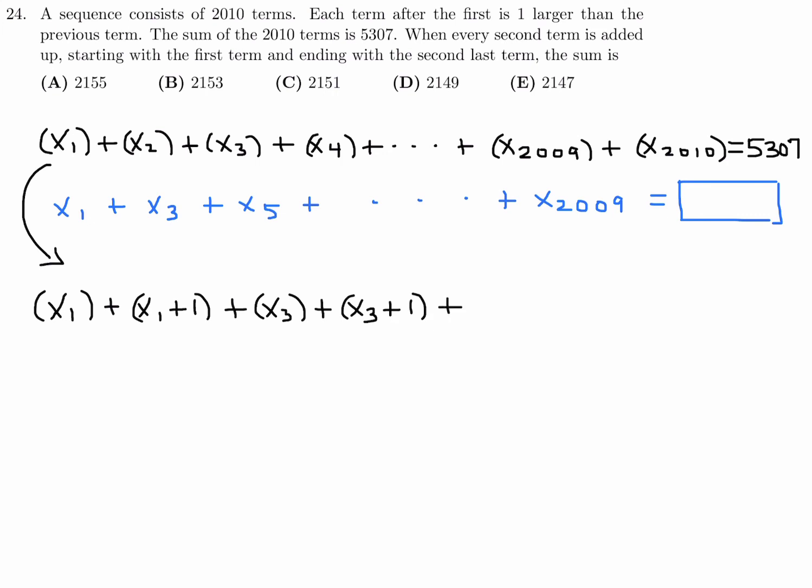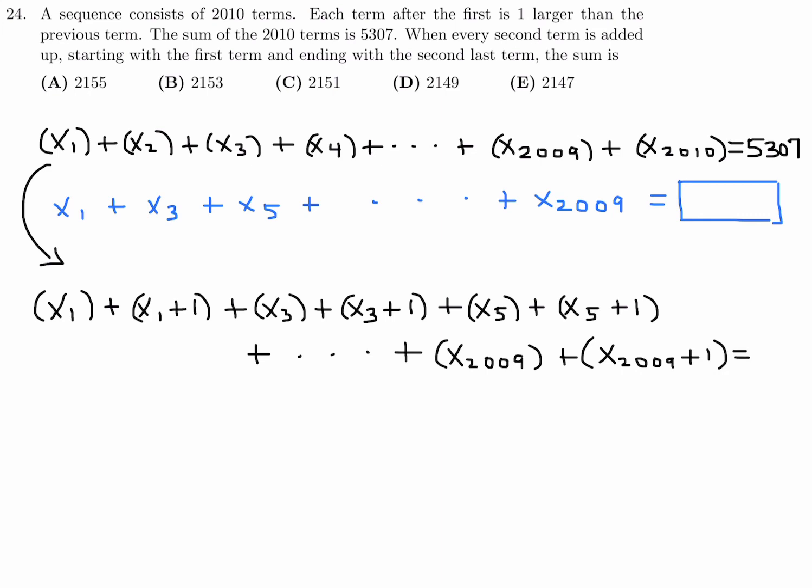And similarly, x5 is fine by itself, but instead of writing x6, we can write x5 plus 1. So I hope you understand what's happening there. And then you just keep on going like that, all the way to the very end, which would be x2009, which is fine to be written like that, but then instead of x2010, we'll write x2009 plus 1.